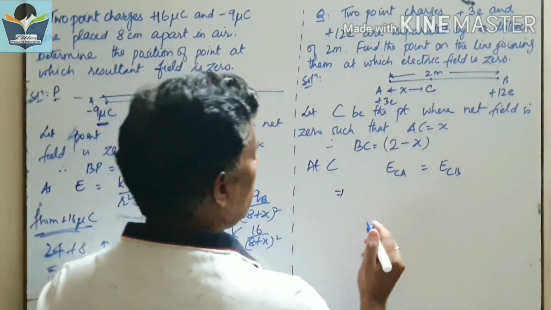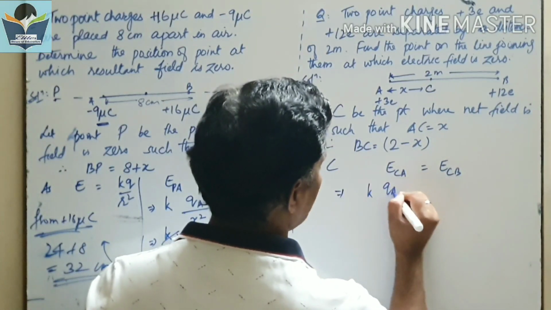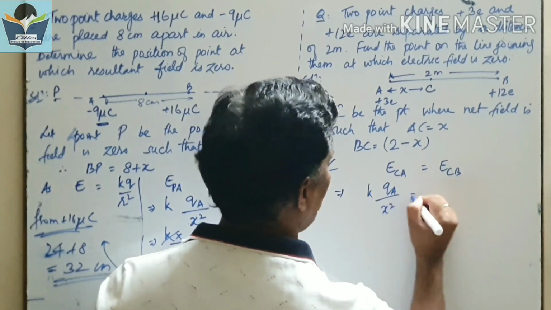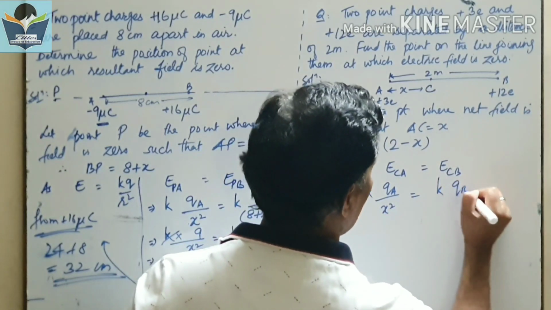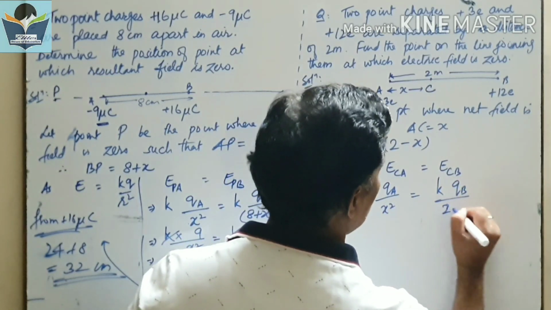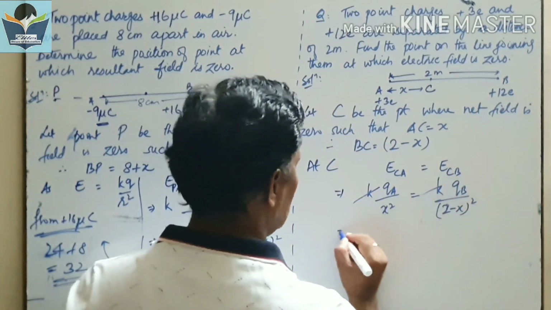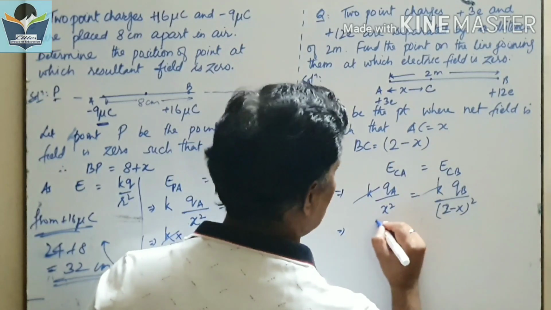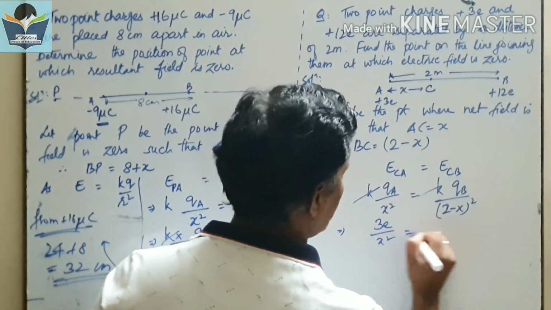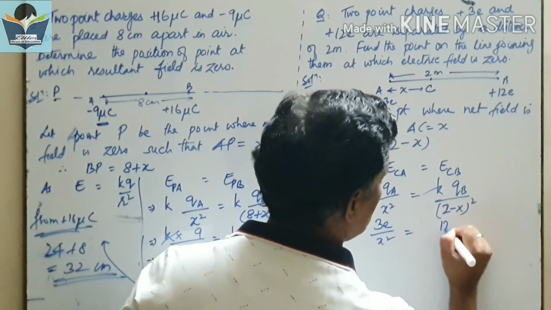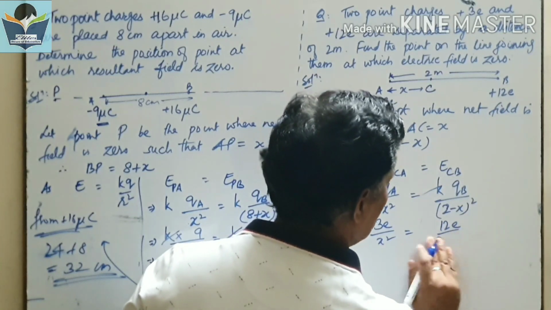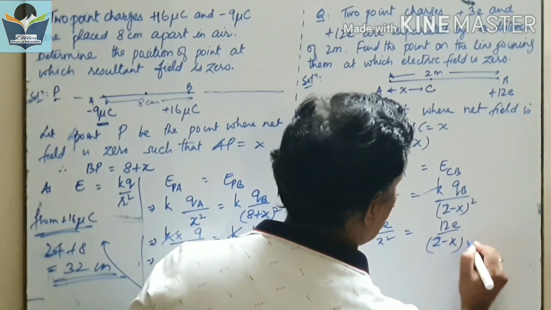The field at C because of A will be KQ at A upon x square, and because of B is KQ at B upon 2 minus x square. K is cancelled. The QA value is 3e upon x square. QB is 12e upon 2 minus x square.